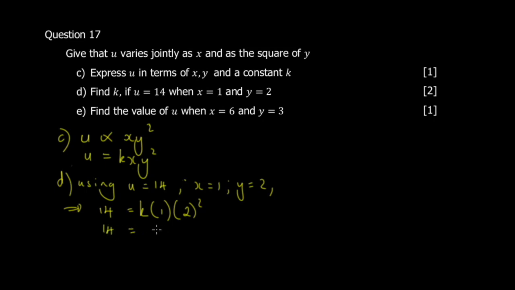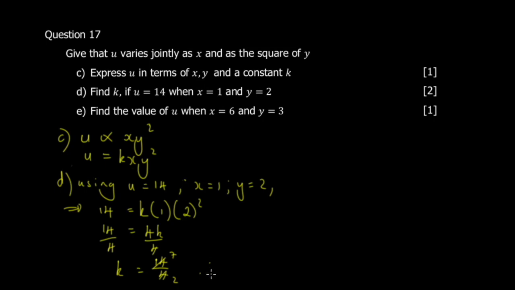So 410 equal to 4k. Then you divide both sides by 4. K equal to 14 over 4, which is 7 over 2. We just divided by 2 and 2.